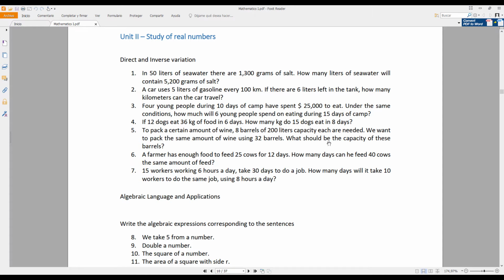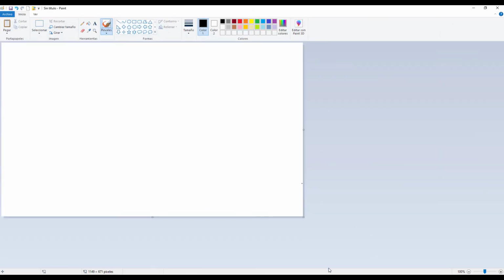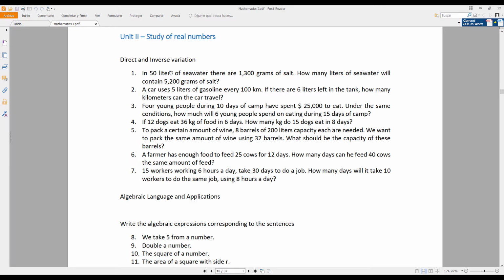It's very useful to apply that using a table. I will use Paint here. You check here, you have two kinds of data. The first is liters and the second is grams.